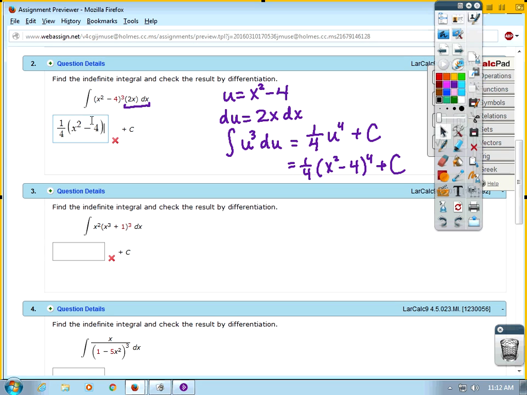Remember, you can use your shortcut, the Shift-6 key, to do the exponents. It makes it a little easier.